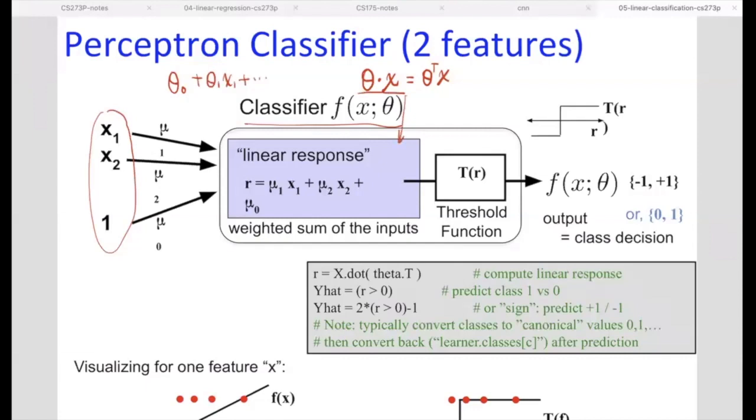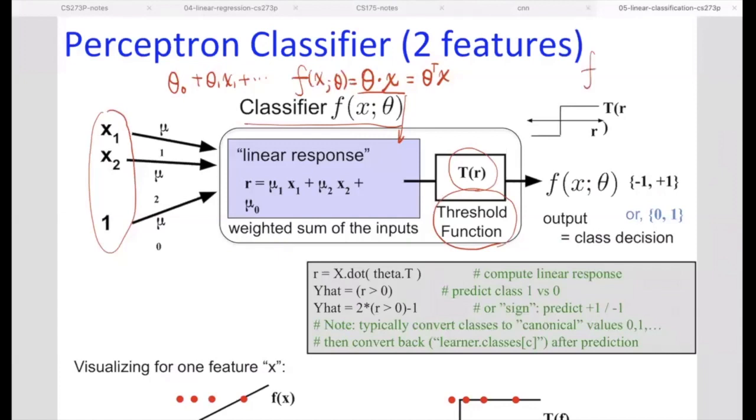And then after the linear response, because I need to make a decision whether to assign label -1 or 1 to this input, I need to use a nonlinear function to make that decision. Typically, a common choice is to apply a threshold function. For instance, if the score f(x; theta) is positive, I'm going to assign the prediction y to be 1.